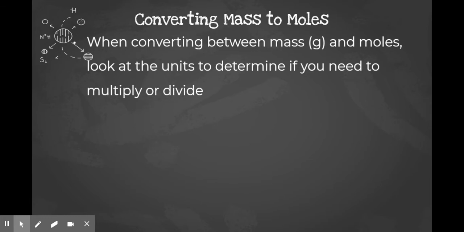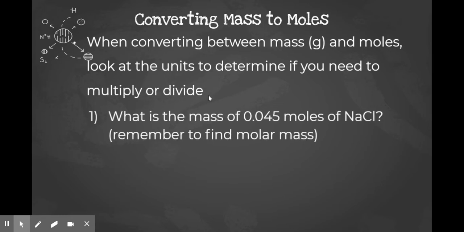But when I had started with quarters and said, oh, I have 32 quarters, how many dollars is that? I had to divide. 32 divided by 4 is 8. So I know I have $8. So depending on where I am and what I need to do will determine whether I need to multiply or divide. So you have to look at the units and determine if you need to multiply or divide.